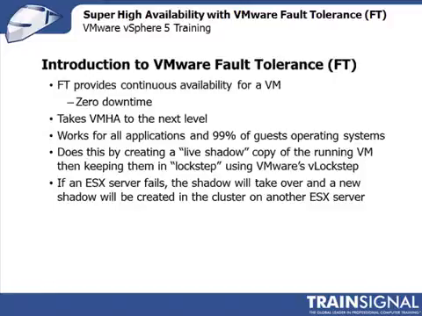The cool thing is that unlike other continuous availability or high availability solutions, VMware's Fault Tolerance works for just about every application out there and 99% of all guest operating systems. And that's because it's not doing some sort of high availability within the operating system. It's doing a complete mirror, or a live shadow copy, of the virtual machine, everything in RAM, and all those changes that go through the CPU.